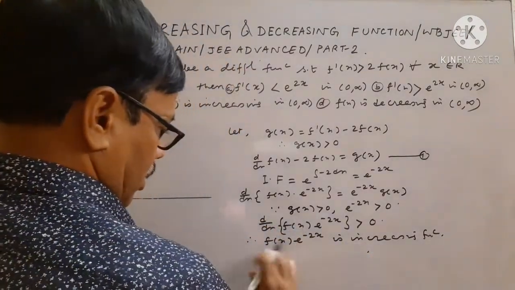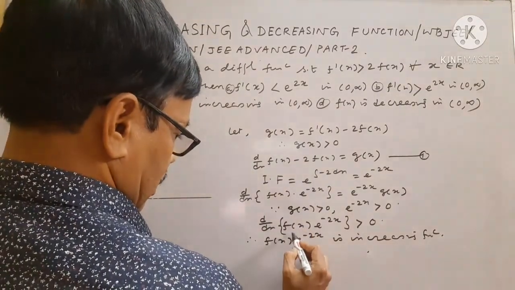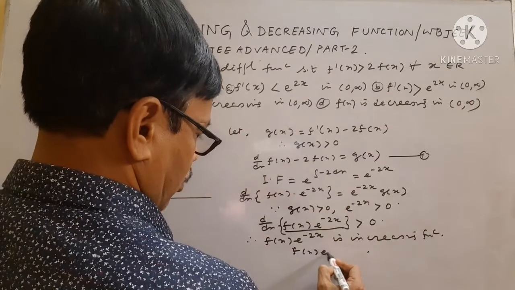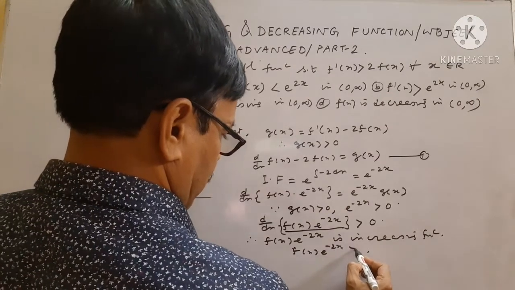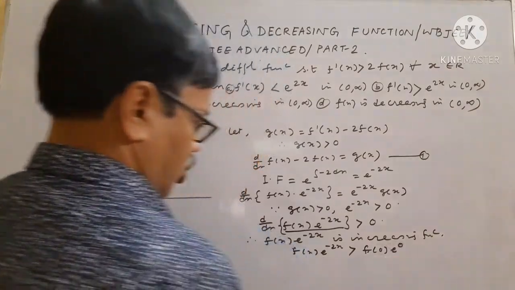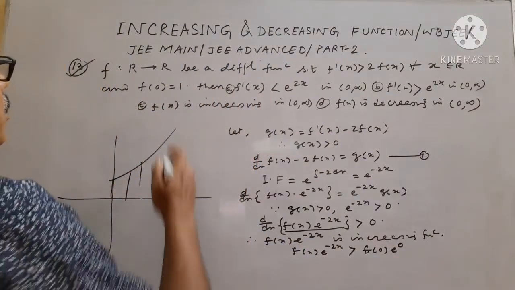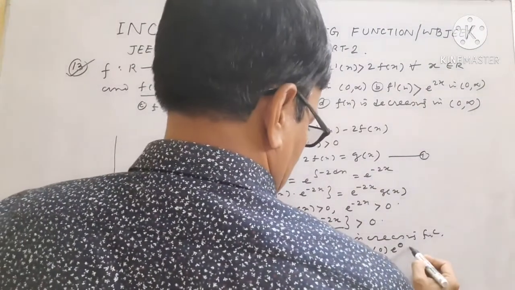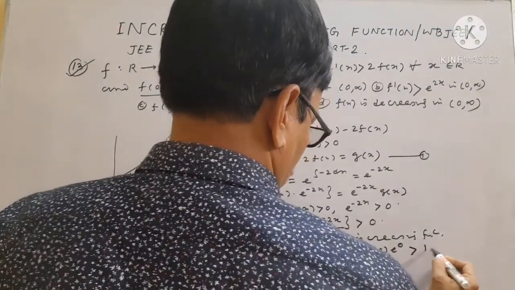Therefore, f(x) times e to the power minus 2x is greater than f(0) times e to the power 0. Now it is given f(0) equals 1. So this is greater than 1.